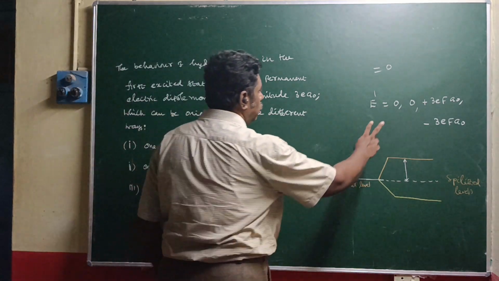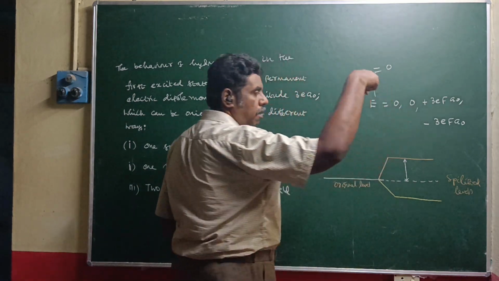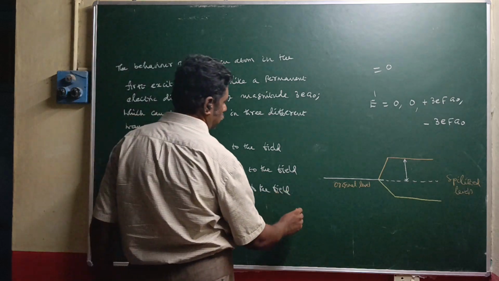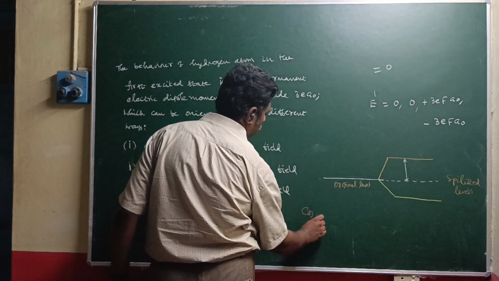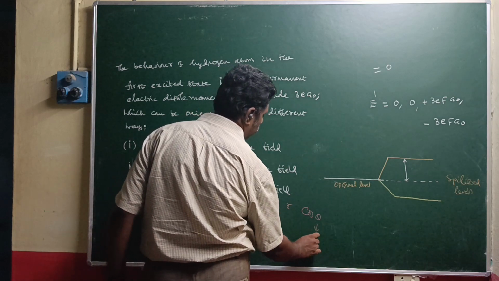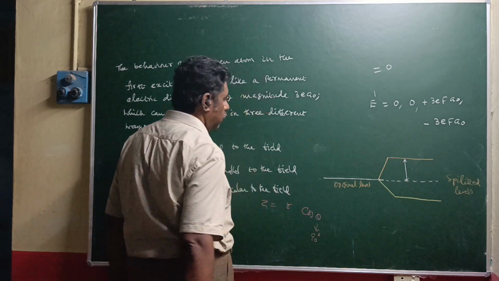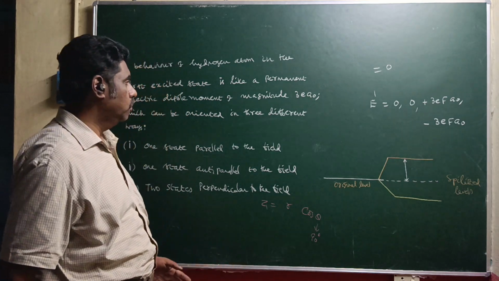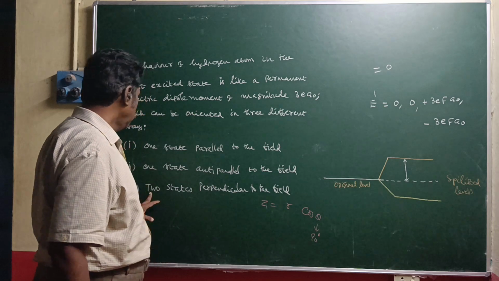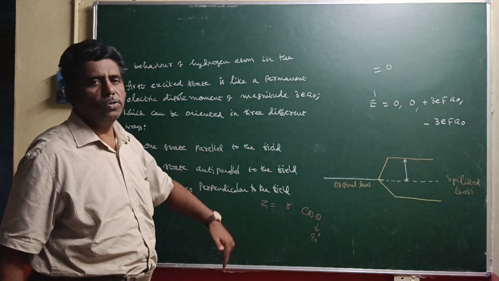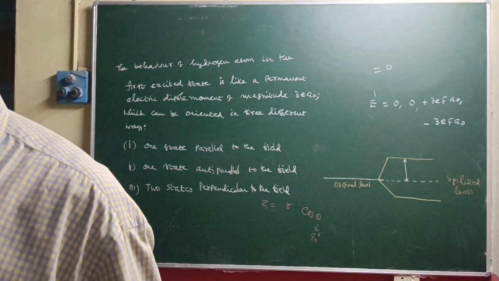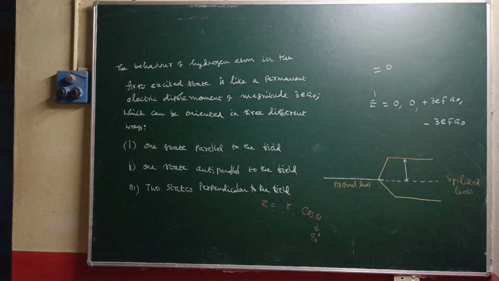Therefore, these 2 are perpendicular to the applied field. So these two values specify the two states perpendicular to the field. That's all about the Stark effect in the first excited state of the hydrogen atom. Thank you.